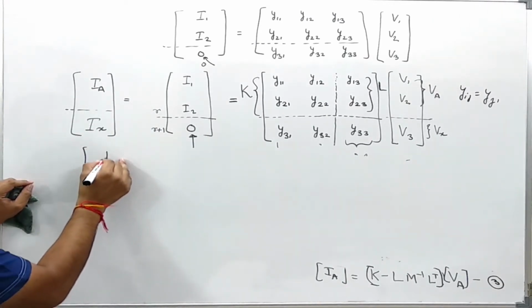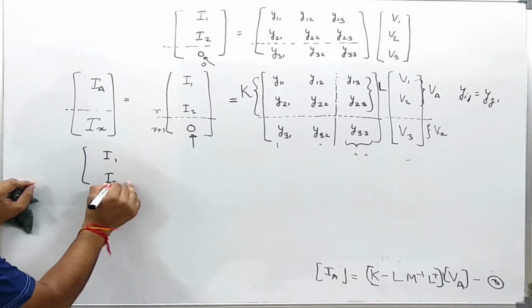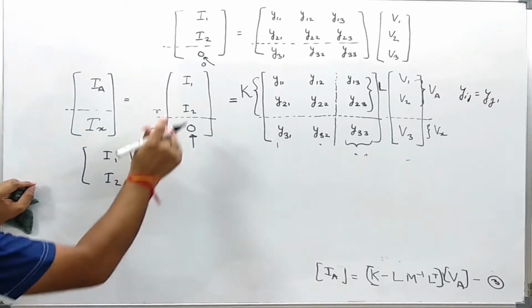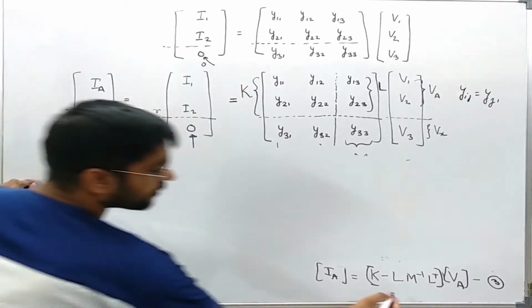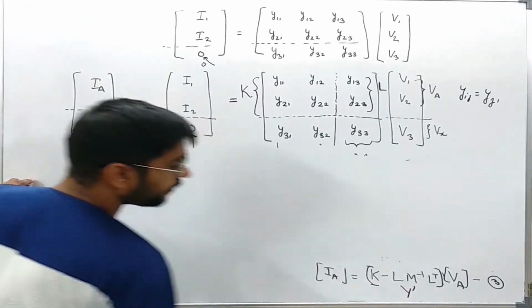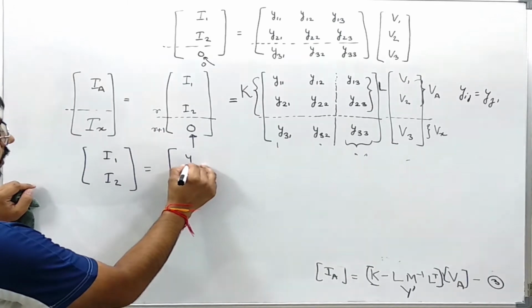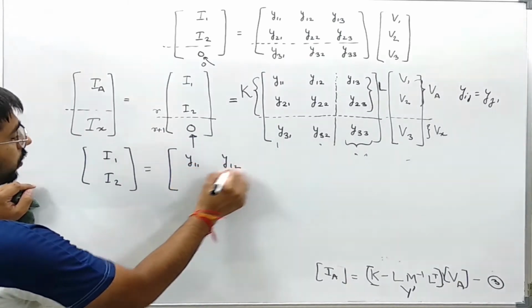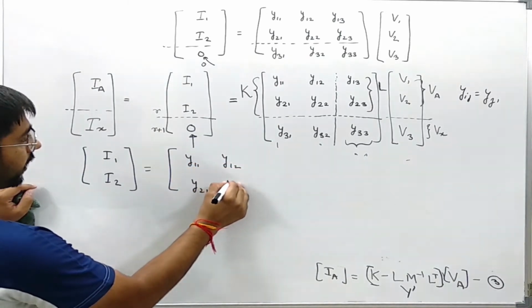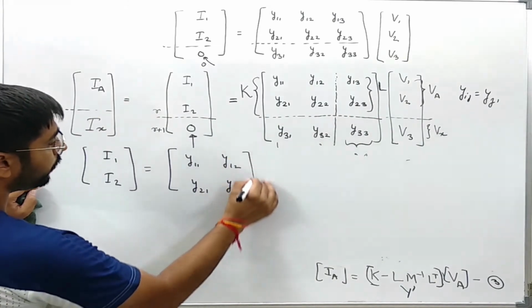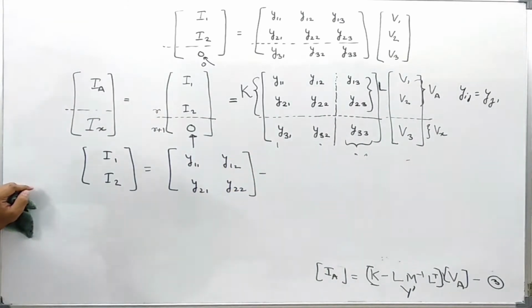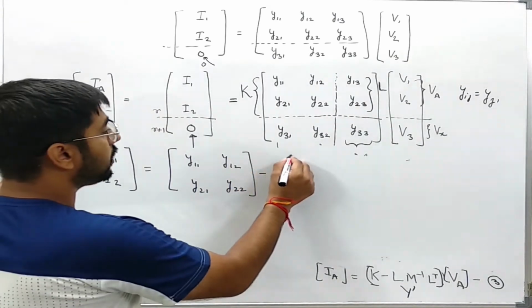IA is simply I1, I2, and instead of Y this is Y prime, which is nothing but K, Y11, Y12, Y21, Y22 minus L. What is L?